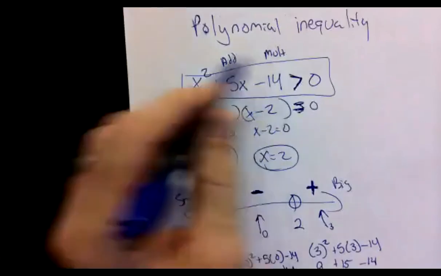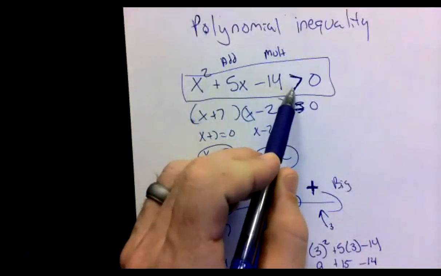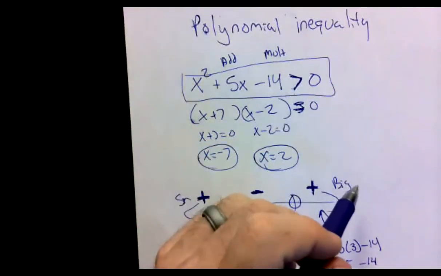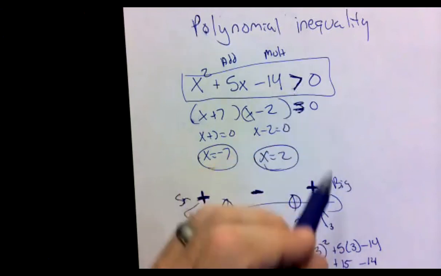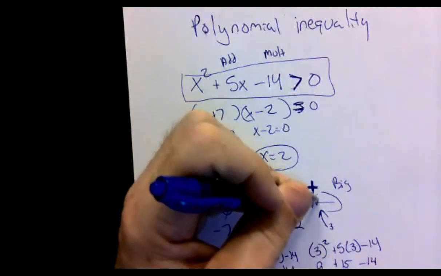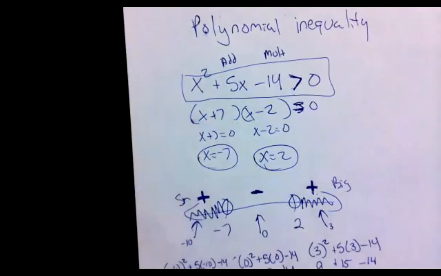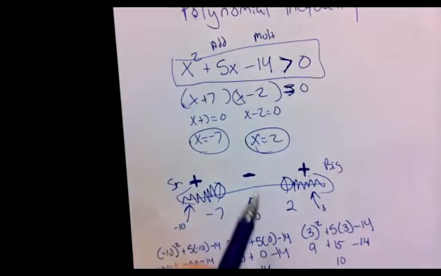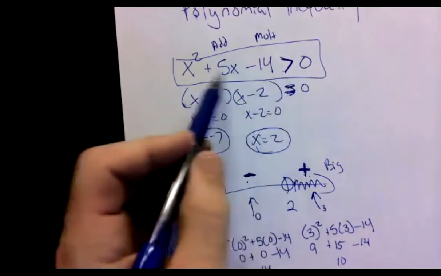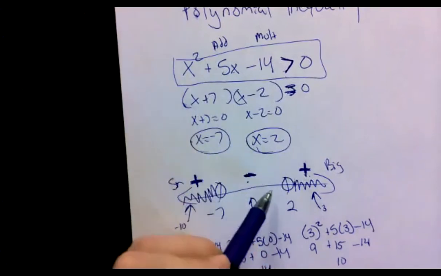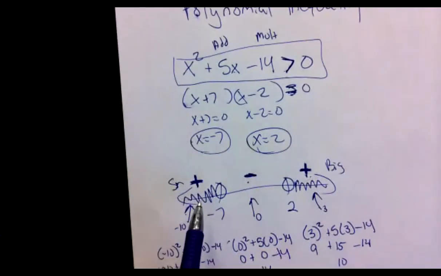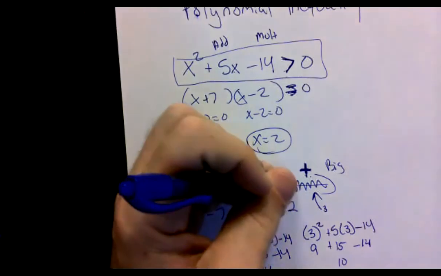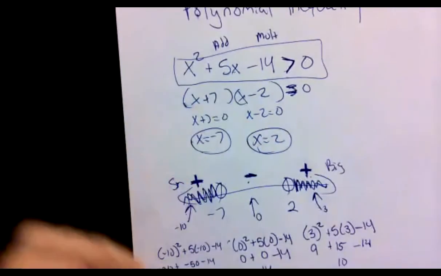Anyway, so again, we're looking for good solutions. We're looking for anything that would be bigger than 0. The numbers bigger than 0 are the positive ones. So in this case, the positive solutions are my good solutions. Anything negative would be less than 0 and therefore bad. No good. Okay, so my good solutions are anything that would be positive, which is all of these here.